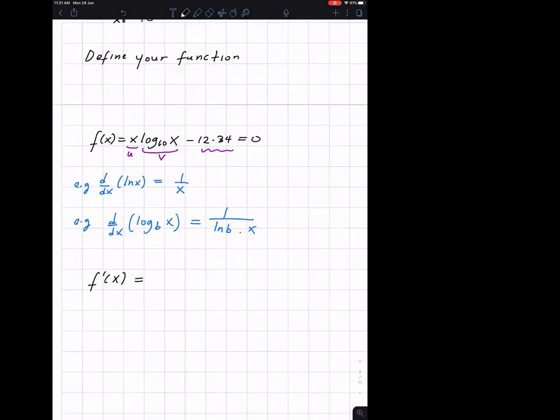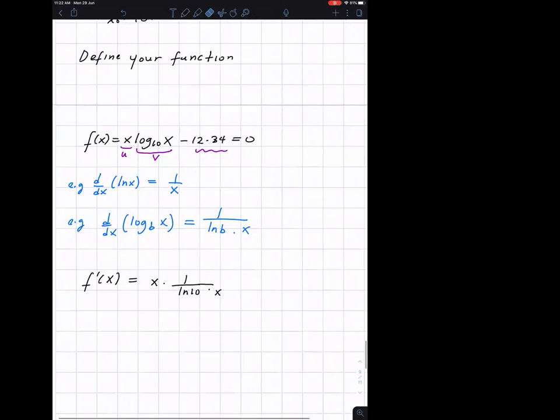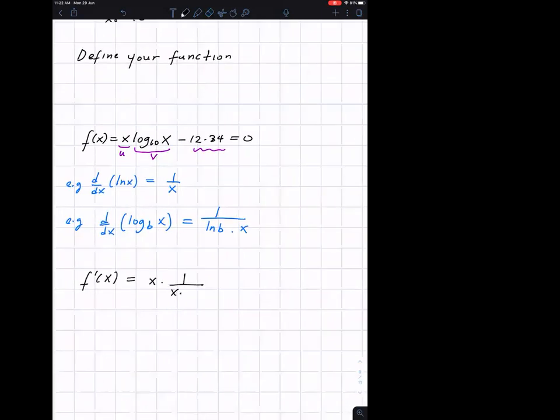So the derivative of x log base 10 x will be x multiplied by 1 over natural log 10 times x, plus log base 10 x.